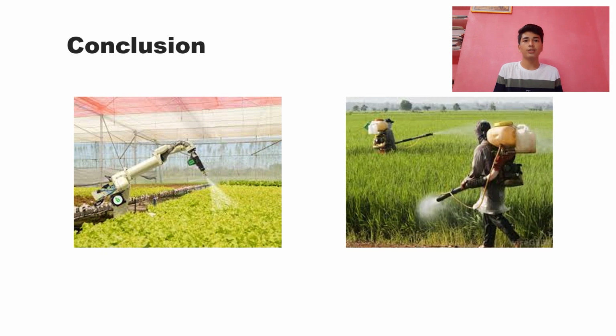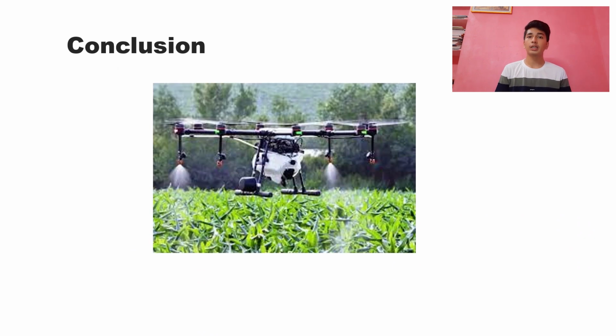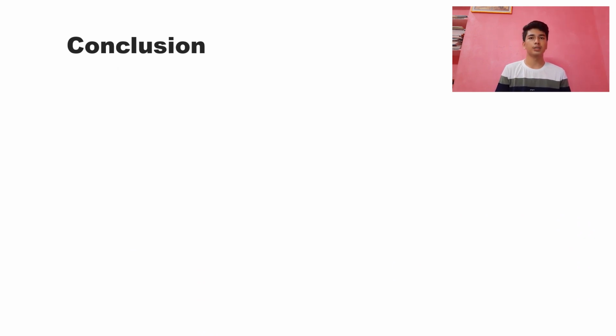Not only do these autonomous robots improve efficiency, they also reduce the need of unnecessary pesticides and herbicides. Besides this, farmers can spray pesticides and herbicides effectively in their farms with the aid of drones, and plant monitoring is also no longer a burden.